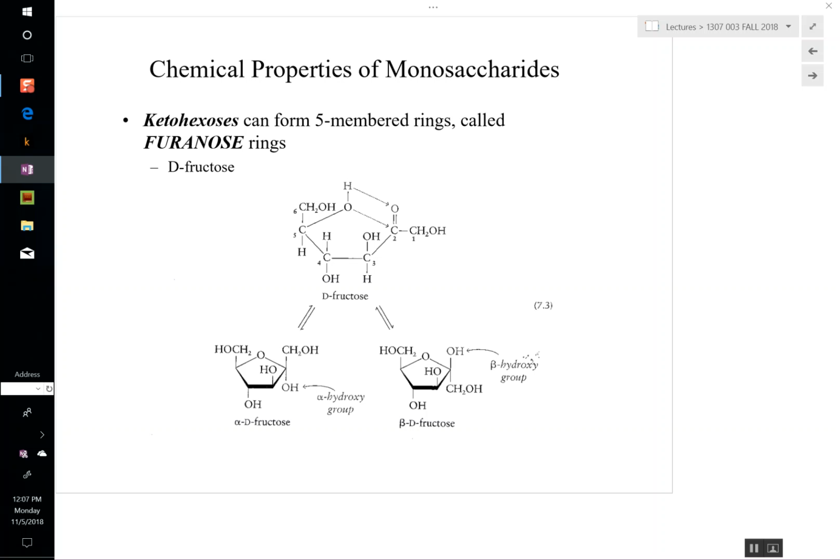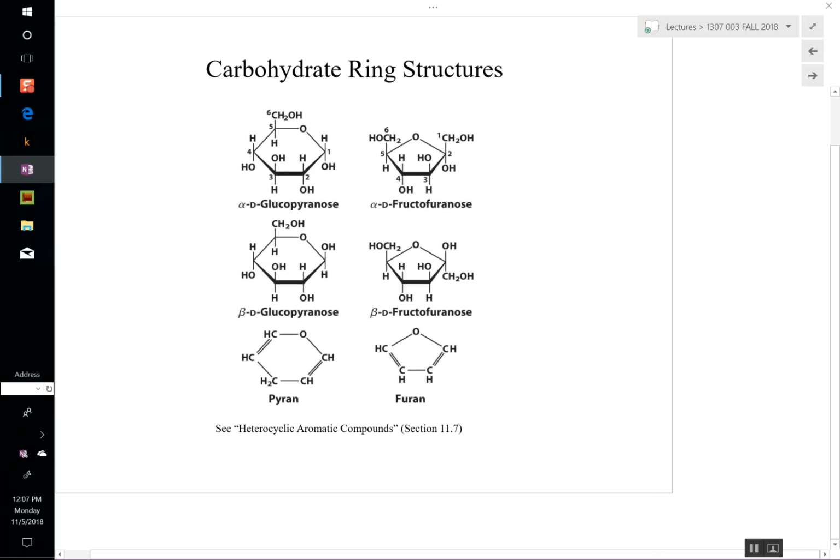So you have two CH2OHs and they don't get in the ring, so you end up with a 5-membered ring. That's a furanose ring. The glucose is a pyranose ring. Here's the pyran ring, 1, 2, 3, 4, 5, 6. Furan ring with fructose, 1, 2, 3, 4, 5.